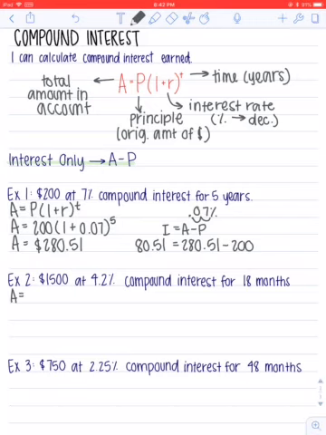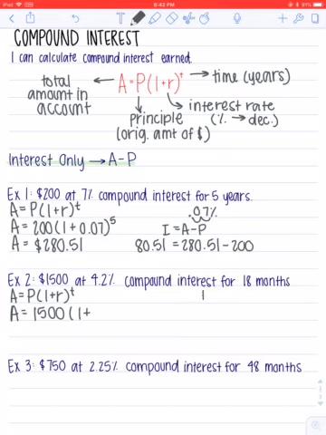So I'm rewriting the formula. A equals P times 1 plus R to the power of T. A is equal to our principal amount. And again, if you want to pause the video here, write it yourself, and then check your work with the video, that is fine with me. So my principal would be $1,500, 1 plus my rate, so I'm going to convert 4.2 percent.